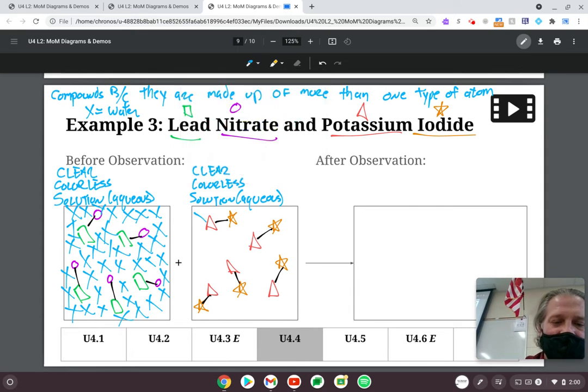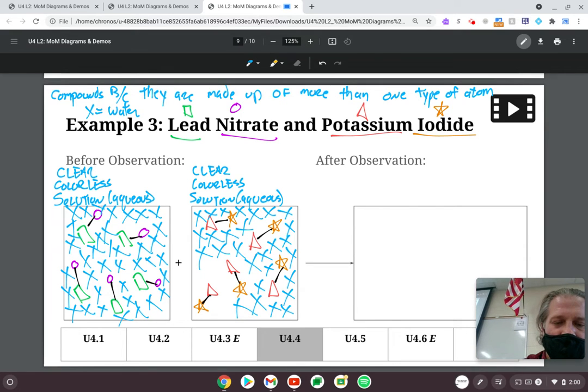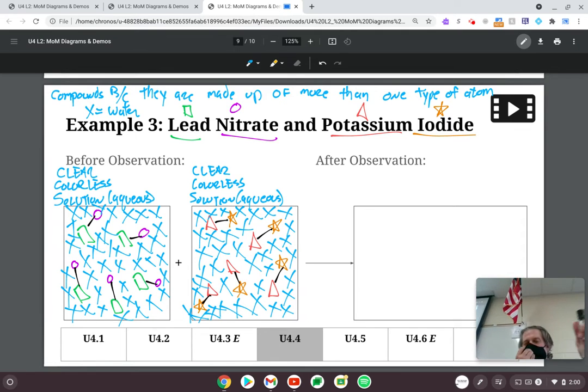And because they are a solution, I'm going to surround them with X's. Like this, making sure that they are completely surrounded with water, indicating that they've been dissolved.